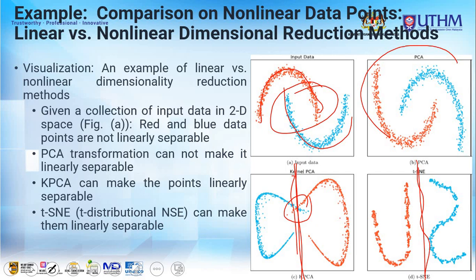TSNE focuses on preserving the local relationship between the data points. It maps the data into a lower dimensional space while maintaining the proximity of neighboring points. So the takeaway from these comparisons is that linear methods are suitable for data that is linearly separable, and non-linear methods like KPCA and TSNE are for handling complex data.